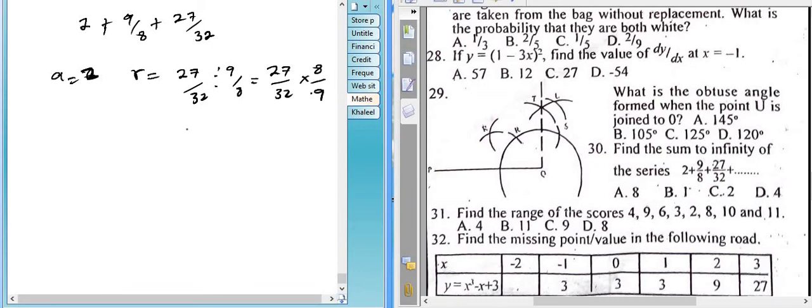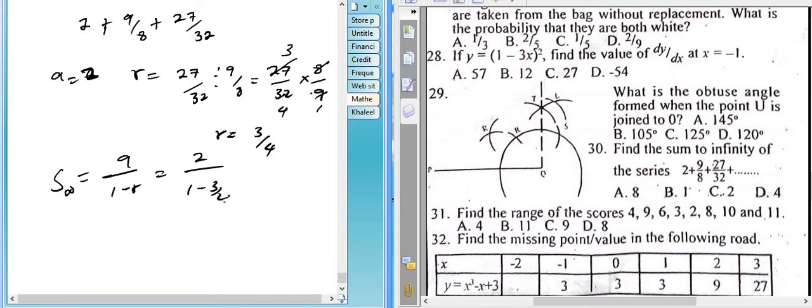So the common ratio is given as here 1, here 3, here 1, here 4, which is 3 over 4. So we have a and r. We know that the sum to infinity of a geometric series is given by a all over 1 minus r, which we have a as 2 all over 1 minus 3 over 4.